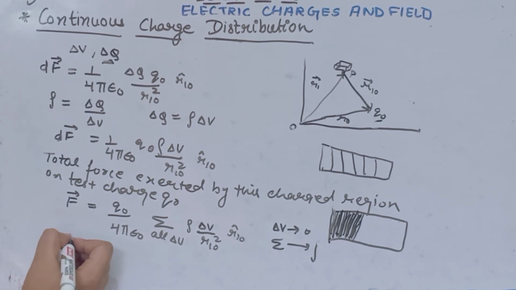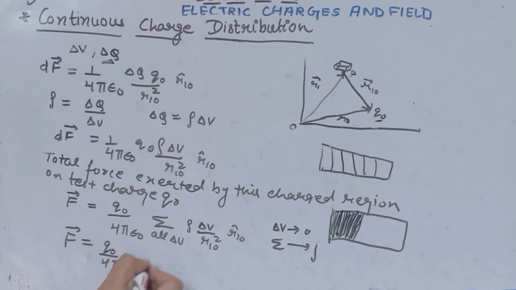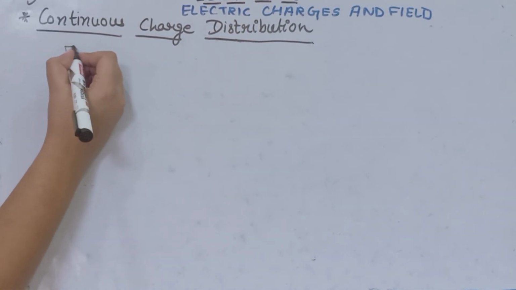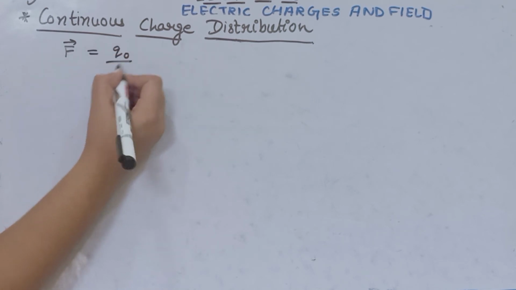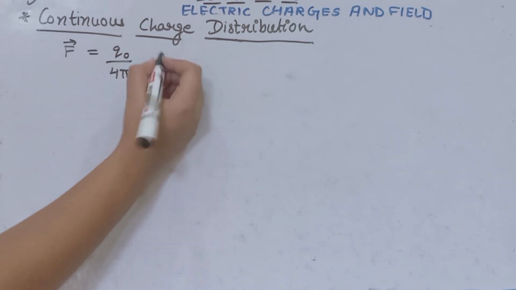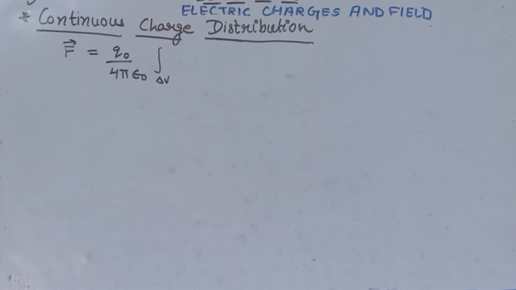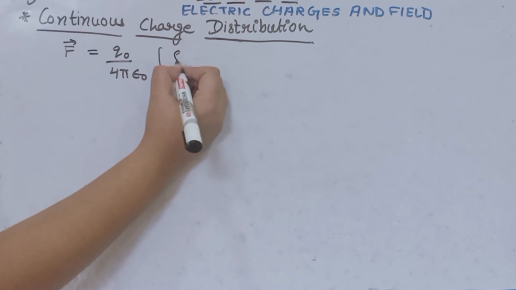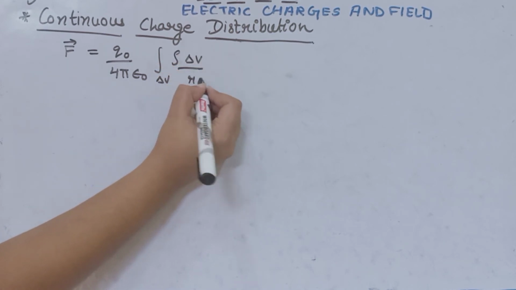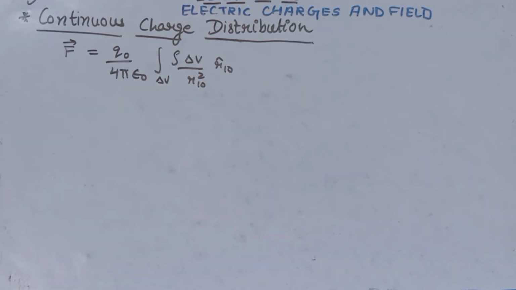Fine. And for that, force becomes Q naught upon 4 pi epsilon naught integration over entire delta V, rho delta V upon R10 square into R10 cap. Fine. Okay, so now we have to find the electric field. So the formula for force that we have got is Q naught upon 4 pi epsilon naught integration over entire volume region, and here we'll have rho delta V upon R10 square into R10 cap.